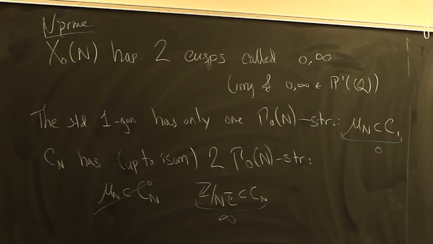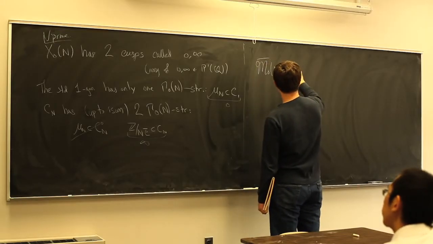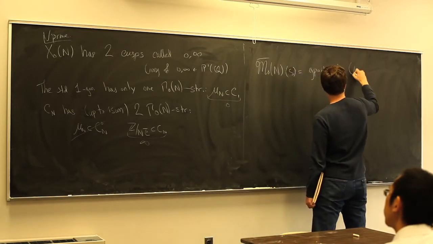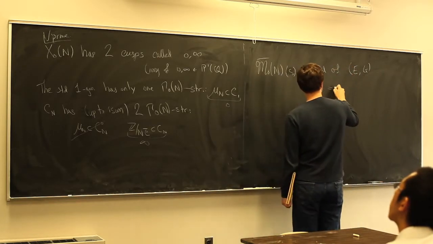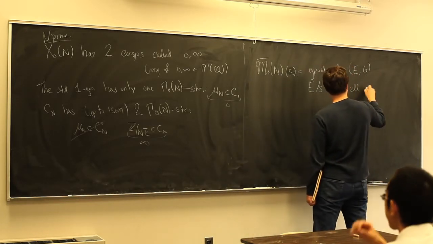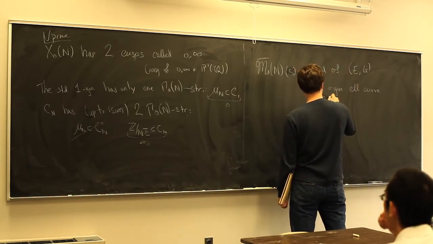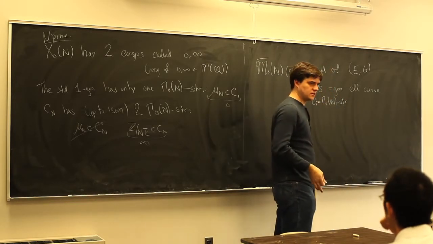So let me make a more formal definition. M-bar_0(n) attaches to S the groupoid of pairs (E, G), where E over S is a generalized elliptic curve, and G is a Gamma_0(n) structure, which in each geometric fiber hits each irreducible component.